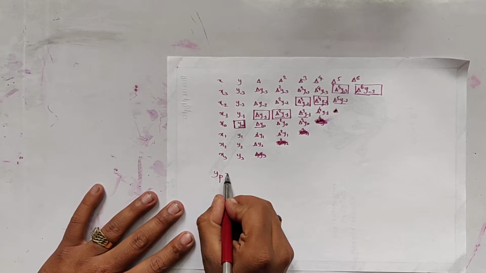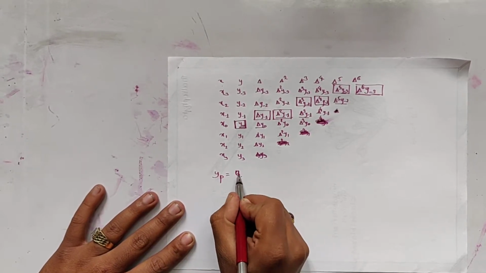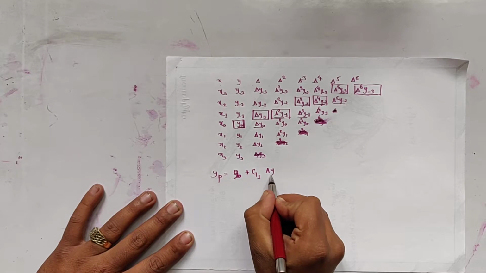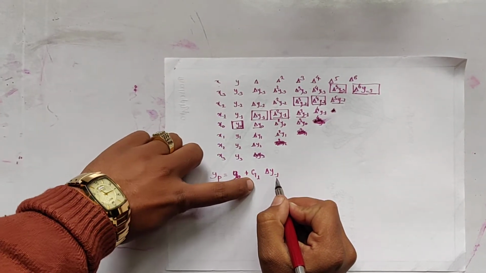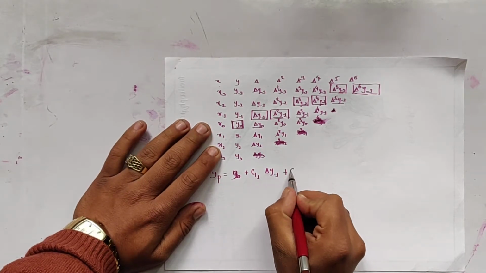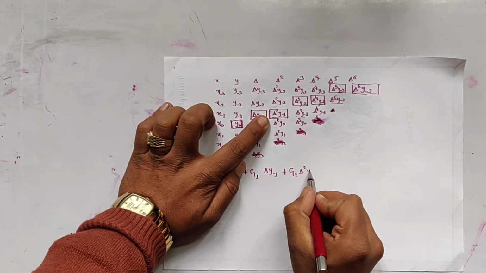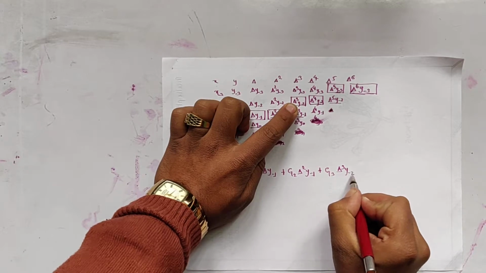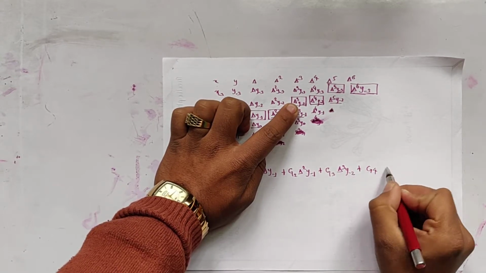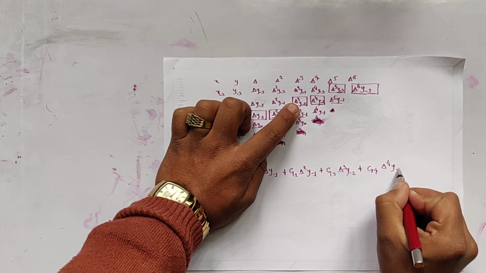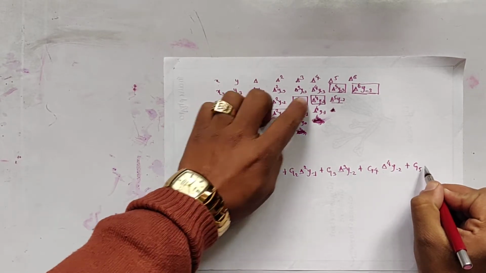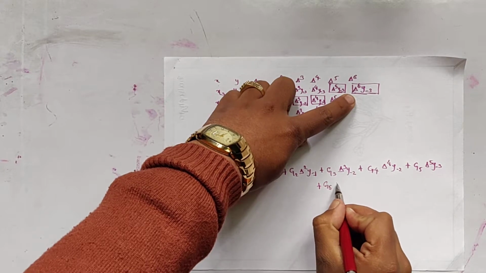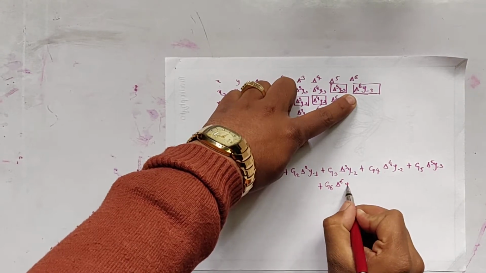Let it be yp equals y naught plus g1 del y minus 1, plus g2 del square y minus 1, plus g3 del cube y minus 2, plus g4 del power 4 y minus 2, plus g5 del power 5 y minus 3, plus g6 del power 6 y minus 3.